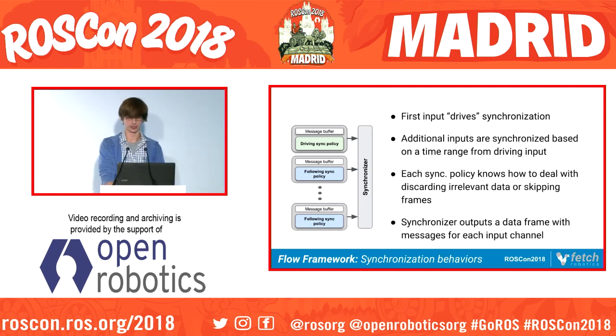So to get into more of the details about the synchronization behavior, which I think is probably the more important part, the way it's designed is that we have a bunch of channels, each with a synchronization policy, which defines the overall policy of the event execution. The first input channel, we call the driving input channel because we use it to produce a stamp or sequence number that is used to synchronize the remaining channels.